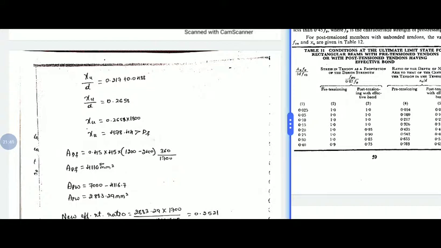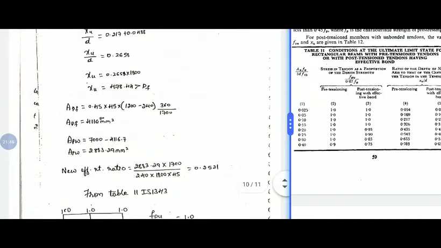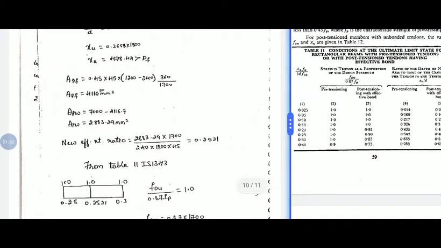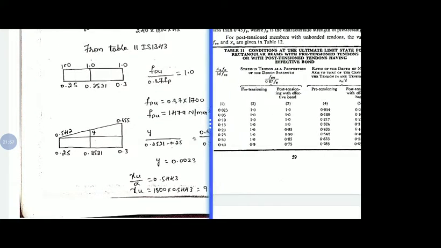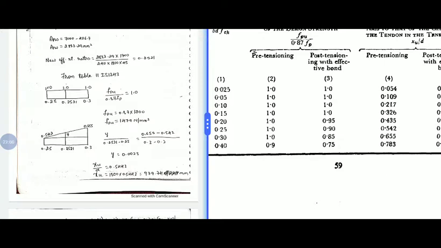So calculate the area of steel in flange and area of steel in web, APF and APW. The new effective reinforcement ratio is 0.2521. Again go to table number 11. 0.2521 lies between 0.25 and 0.3. So for FPU by FP value we have directly 1, and we can consider the values directly. And for XU by D ratio we have 0.542 and 0.655.